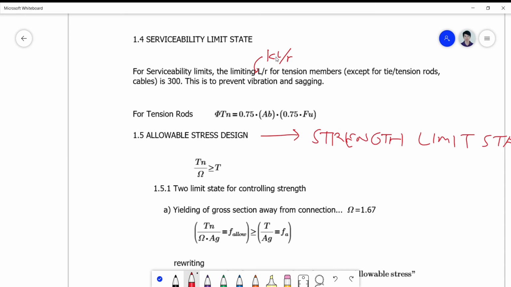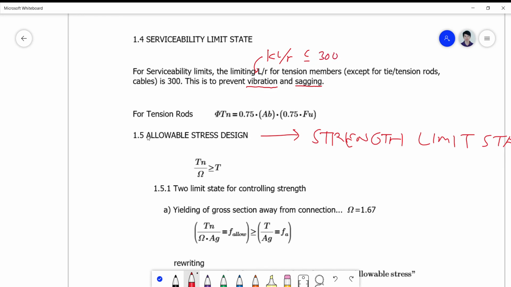And this serviceability limit state condition is applicable for tie rods or tension rods, cables, and the like, which is actually more concerned only with vibration problems and deflection problems. So the limit must always be less than or equal to 300.